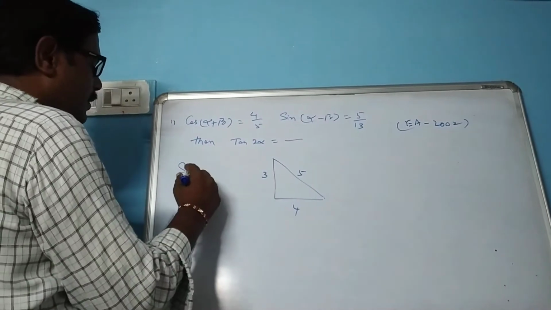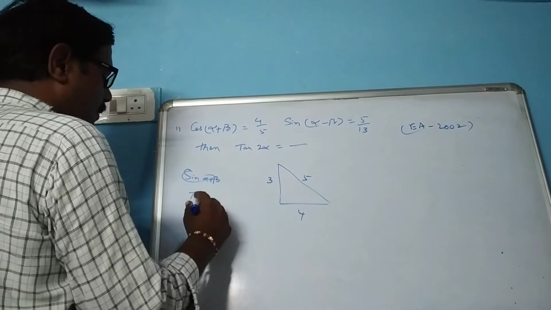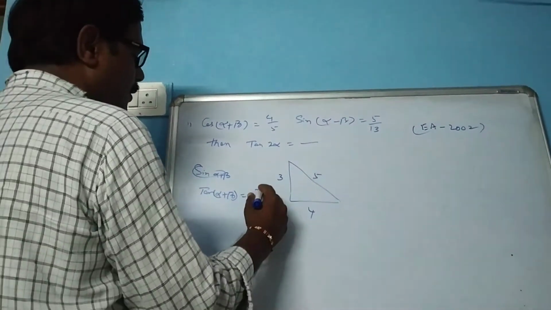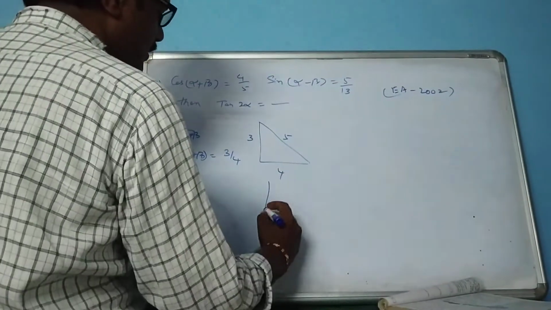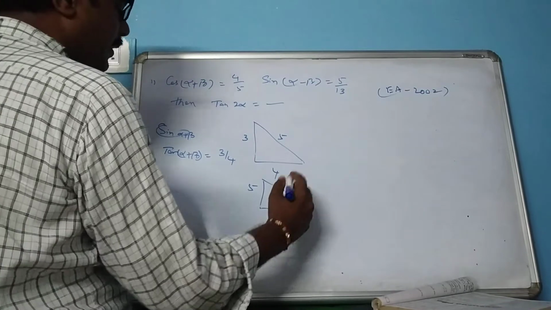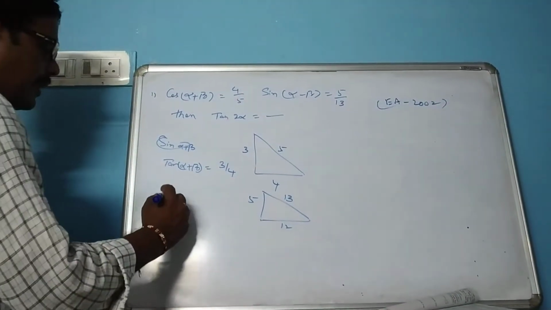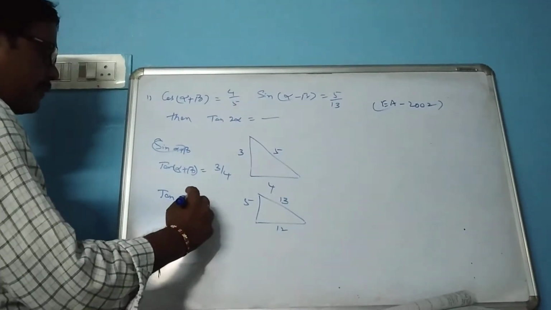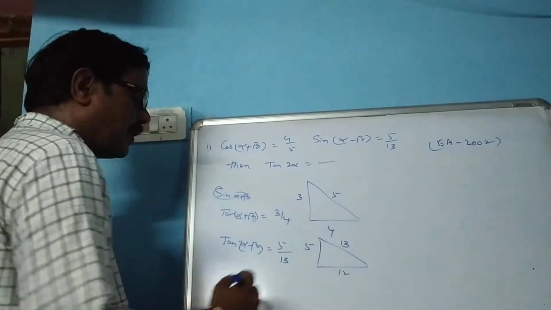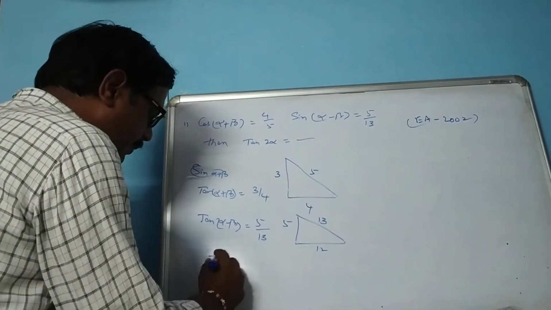Therefore, tan (alpha plus beta) is equal to 3 by 4. You see sin (alpha minus beta) 5 by 13. This is 12. Therefore, tan (alpha minus beta) is equal to 5 by 12.